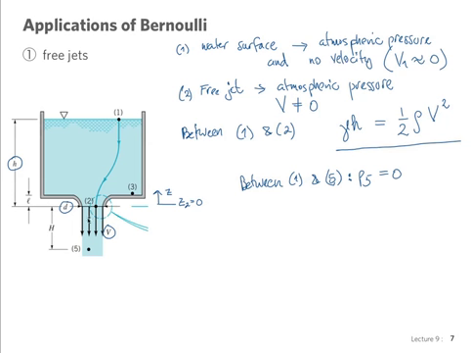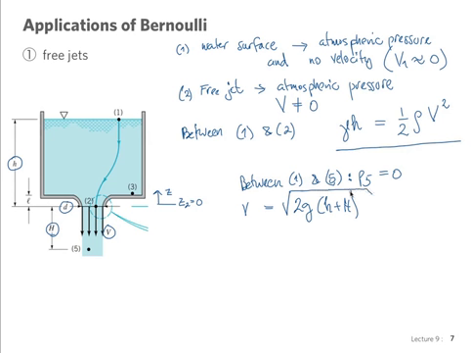And so we have the velocity at 5 equal to the square root of 2g, we just did this a little while ago, and there's a big H here and a little h there. I hope you can see that.